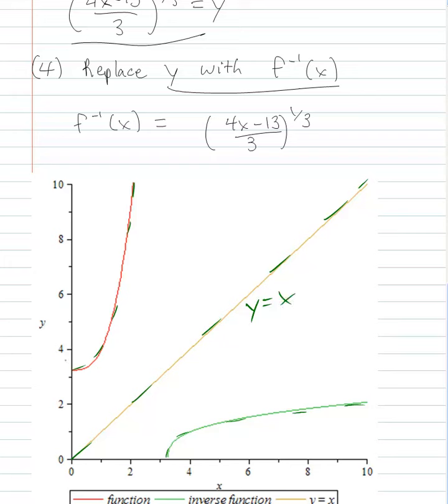So whatever y coordinate you had initially, so let's say this is the coordinate (0, 3.2), this corresponding coordinate becomes (3.2, 0). So every x and y coordinate is flipped.